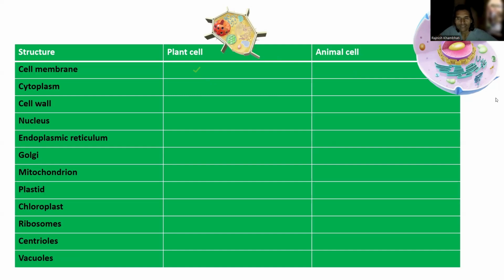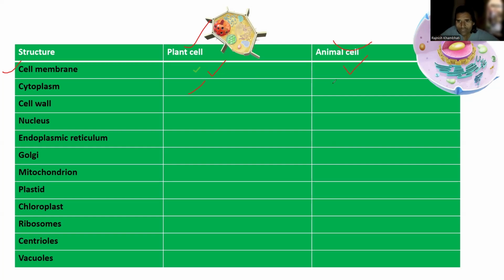Just a second, I think you are not able to see the same color, so I will be changing the color over here. Great. Now, this is the plant cell and this is the animal cell. Let's compare. Do plant cells have the cell membrane? Yes. Do animal cells have the cell membrane? Yes, both have the cell membrane. It's a common point.